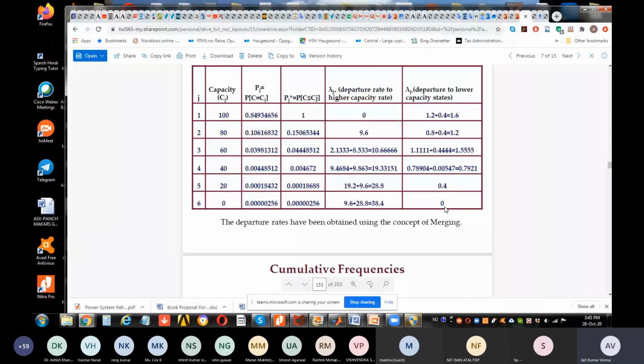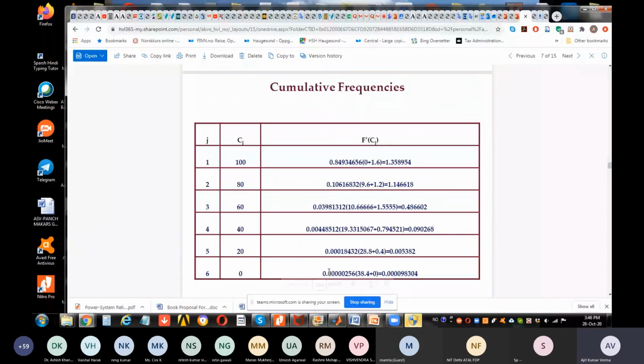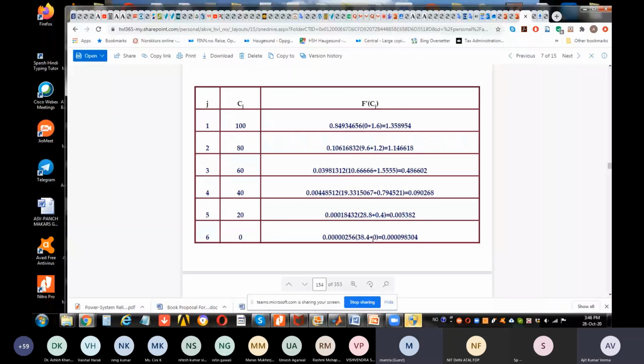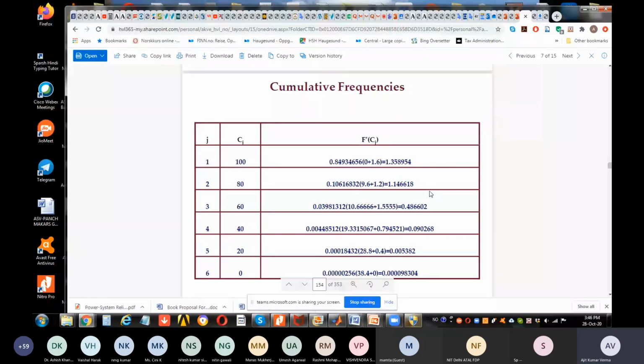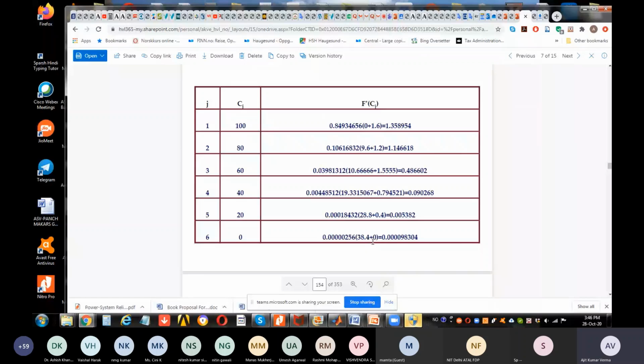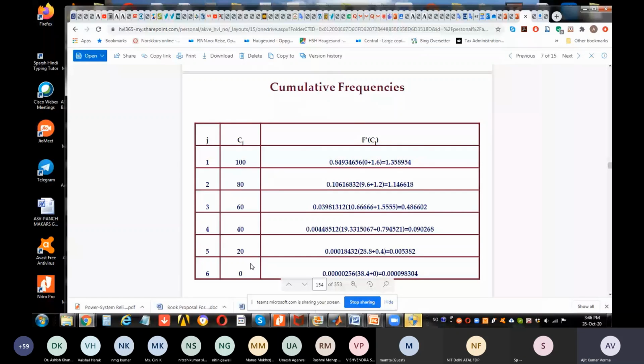That is lambda j plus and lambda j minus. So that gives you the cumulative frequency of encountering state 0.